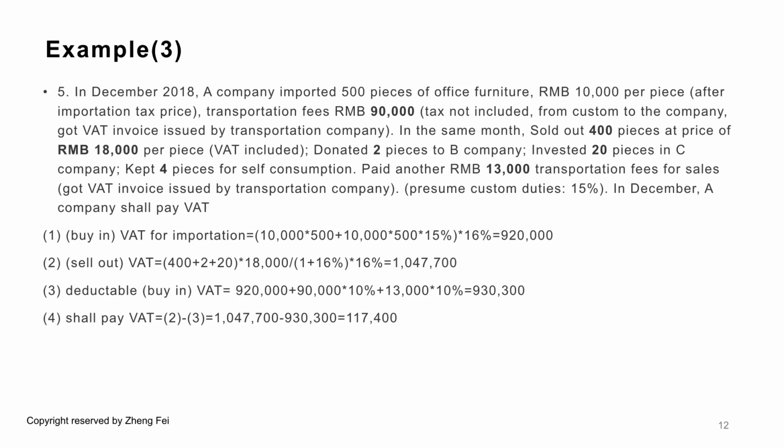And in the same month, it sold out 400 pieces at a price of 18,000 per piece, donated 2 pieces to B company, invested 20 pieces in C company, and kept 4 pieces for self-consumption. It also paid another 13,000 transportation fees for sales. Now we presume the custom duty is 15%. So how much VAT shall A company pay in August?